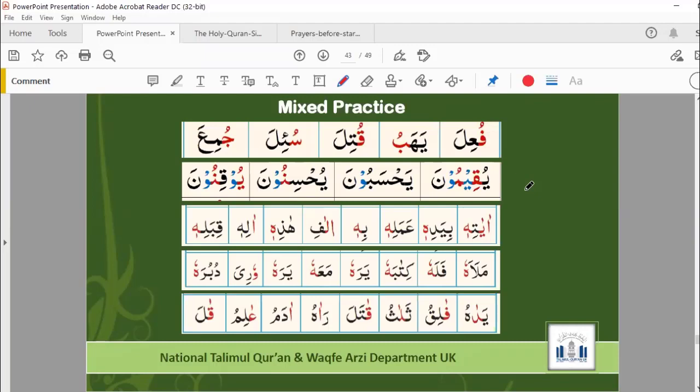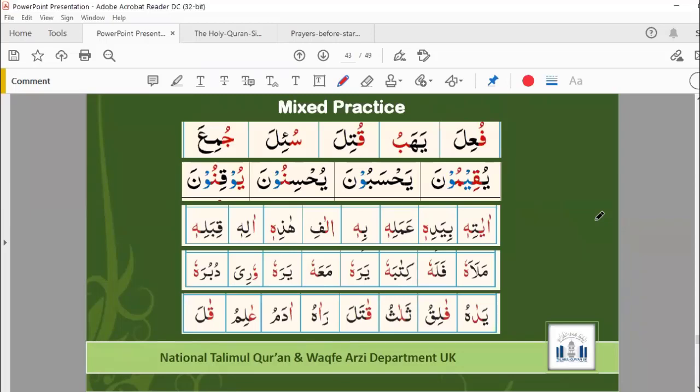Just for all of us as we are revising, in the first line we are looking at the short vowels, which are fatha, kasra, and dhamma. It's 1 second, 1 beat. And I want to add, Aman Sahab, how important this class is, that we are all, alhamdulillah, trying to learn.